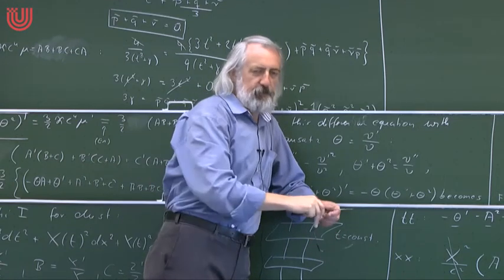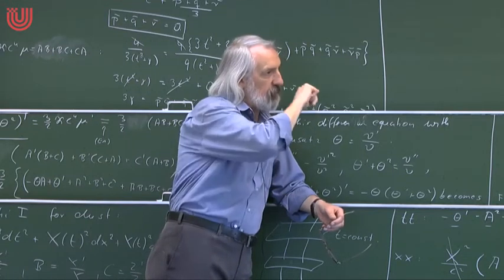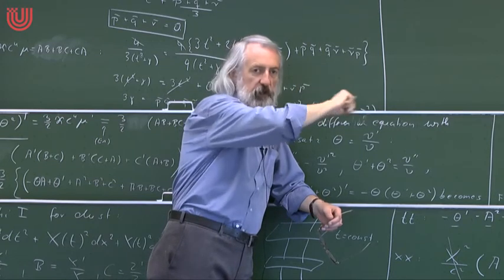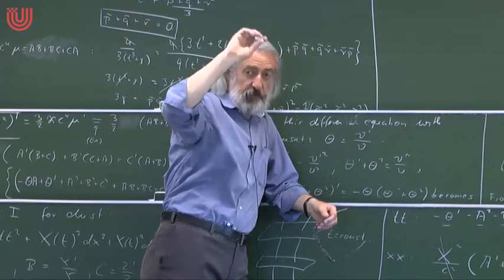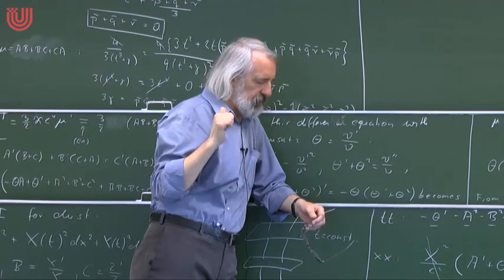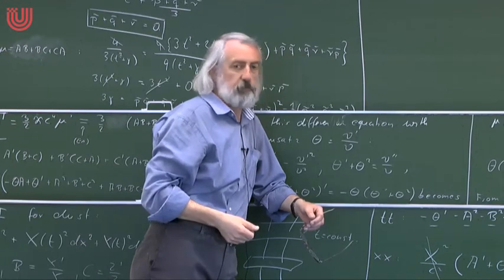Remember, we did the dust solutions with and without cosmological constant. And we had these three cases of little k. Positively curved, not curved, and negatively curved.